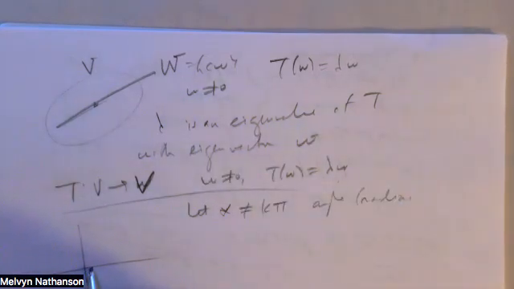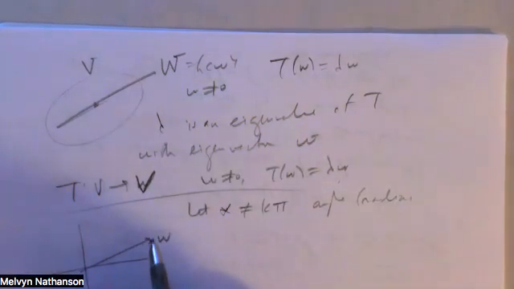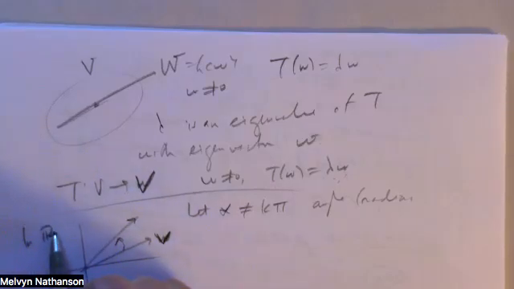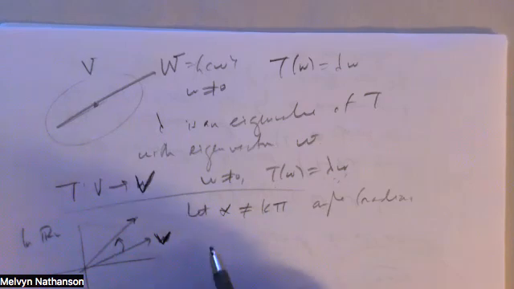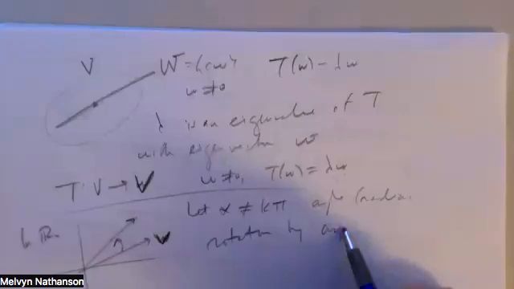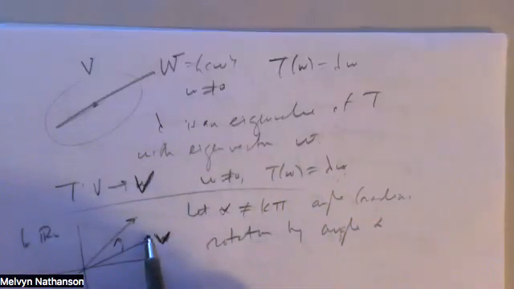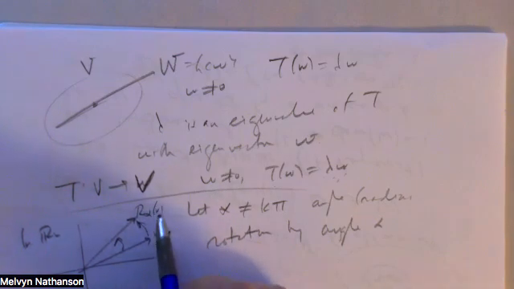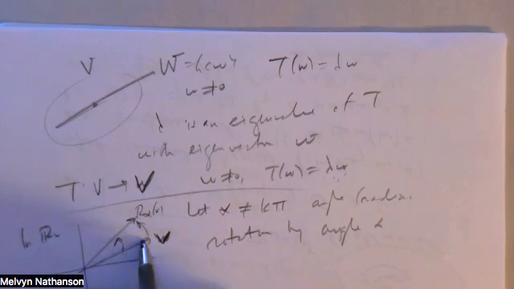And you can think of the linear transformation that takes every vector v and rotates it around. This is in the plane R2. We have rotation by the angle alpha. If you take any vector v, this rotation, which I've called R alpha of v, sends v to what you get when you rotate it.